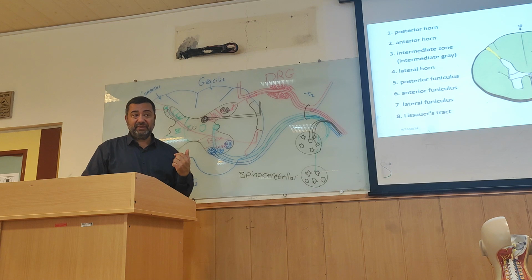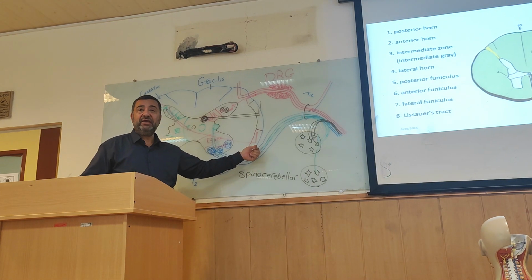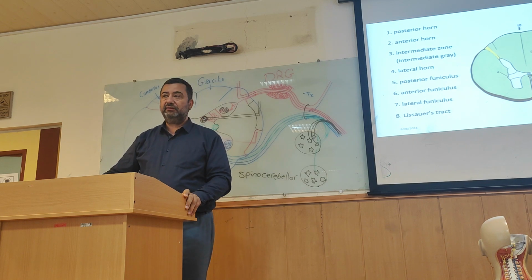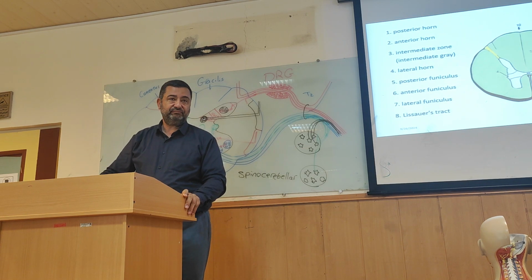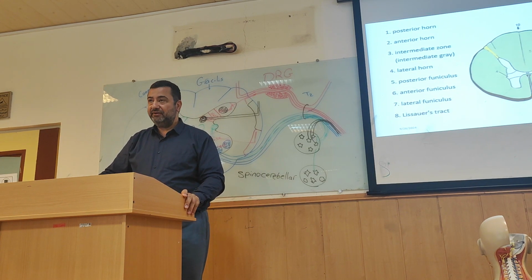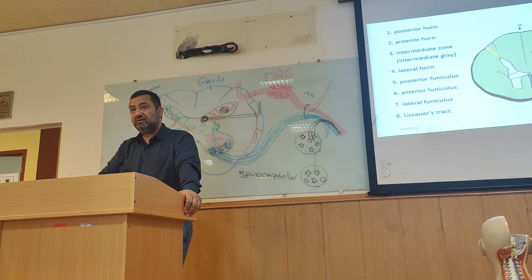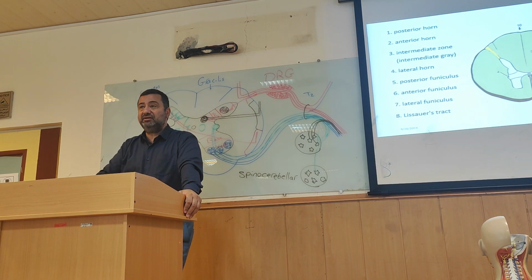Into the cerebellum. And in the cerebellum, these fibers make another crossing. Cross again. Okay? If I ask you, which tract has two crossings, you answer me, anterior spinocerebellar tract.